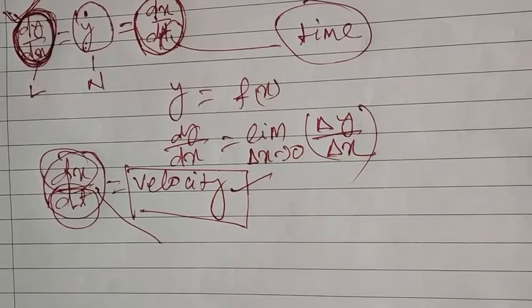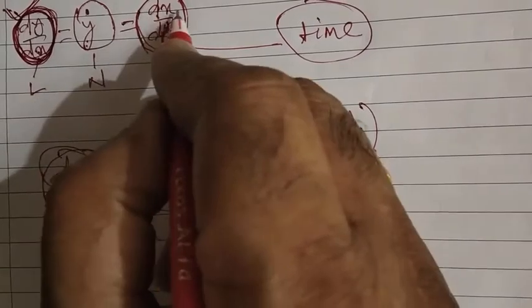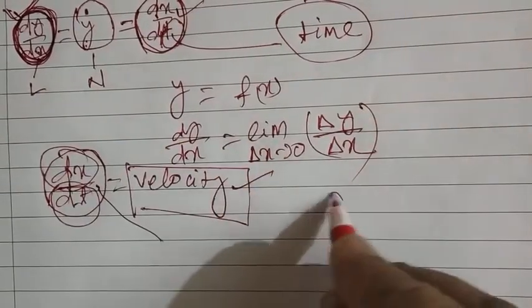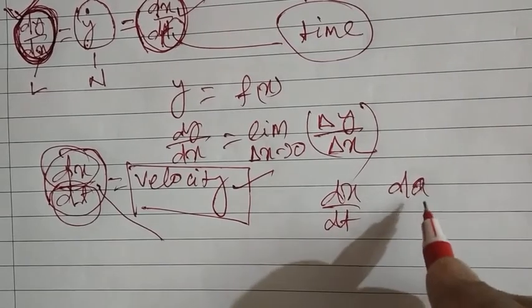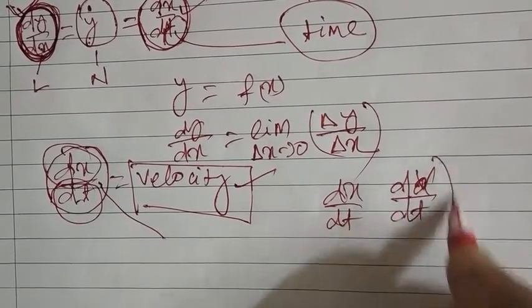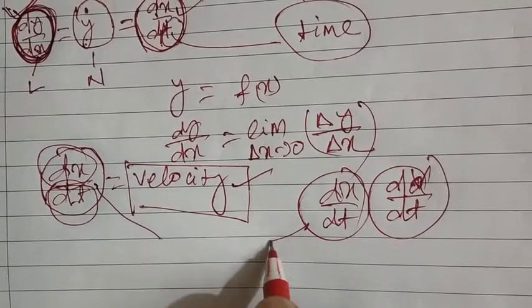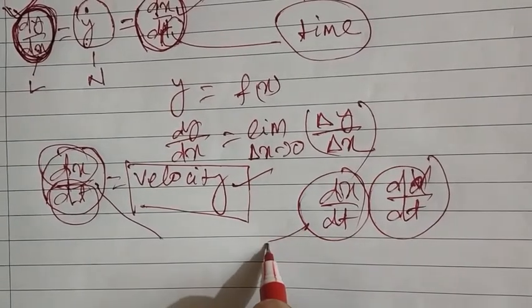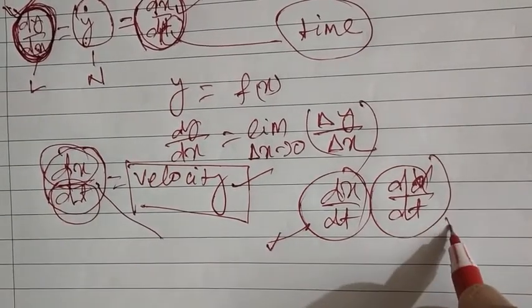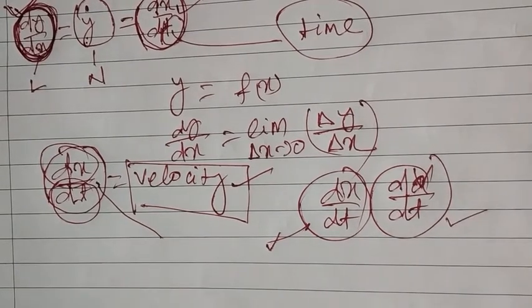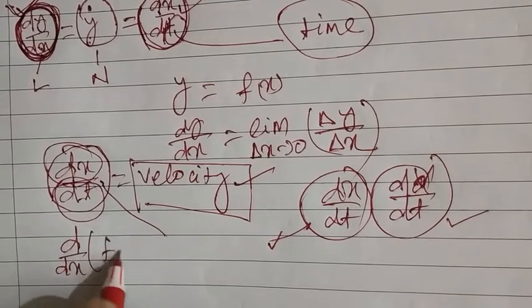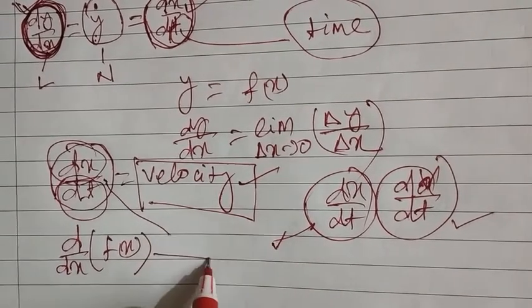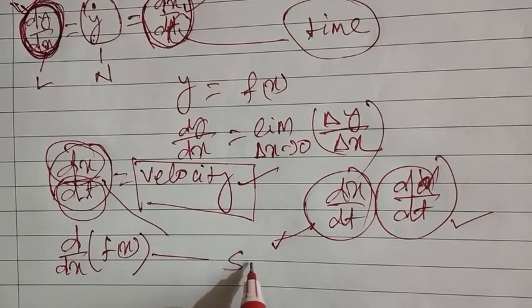Okay, so Sir Isaac Newton was using these things, dx by dt, dv by dt. These are single things. This is velocity and this is acceleration. So this d by dx of f of x was treated as a single operator.